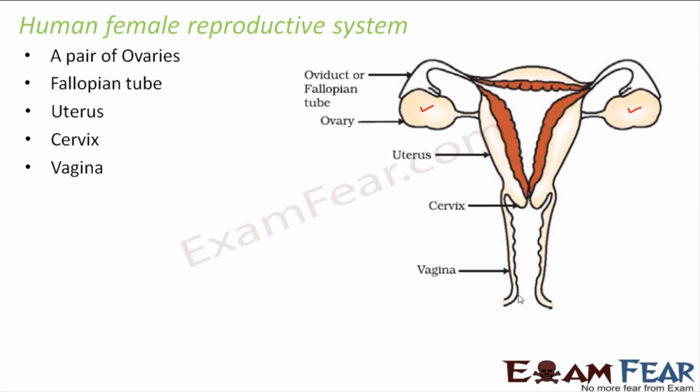So in the menstrual cycle, what happens? There is bleeding through the vagina. This is the opening through which the bleeding happens every month during the menstrual cycle. So this vagina will go to the cervix. From the cervix will start the uterus, and then from the uterus on both sides will be the fallopian tubes, and the fallopian tubes will be connected to ovaries on each side. Clear? Okay. So roughly this is the structure.